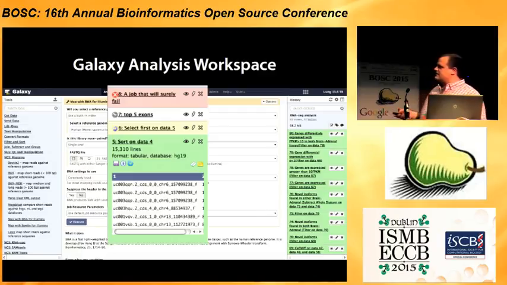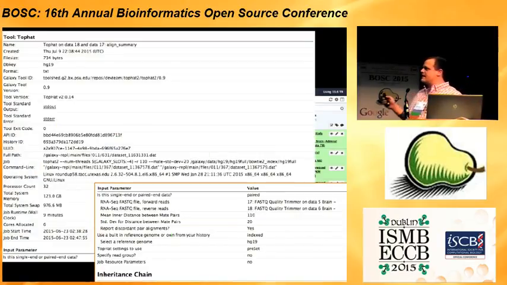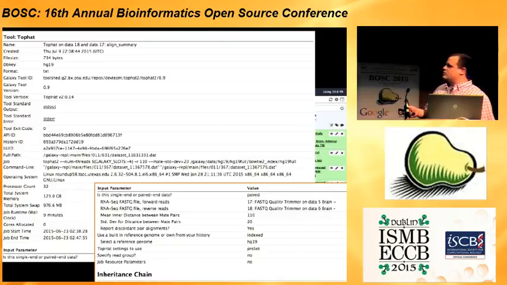You can additionally click on this eye icon and find out all the information about that individual tool run. So in this case, we don't have a black box. We know exactly what happened. We know, in fact, the Galaxy tool version, the version of Galaxy's own internal tool wrapper that was run, along with the actual binary that was run on disk, the entire binary version along with that actual tool itself.